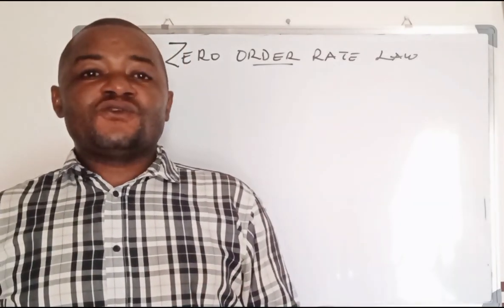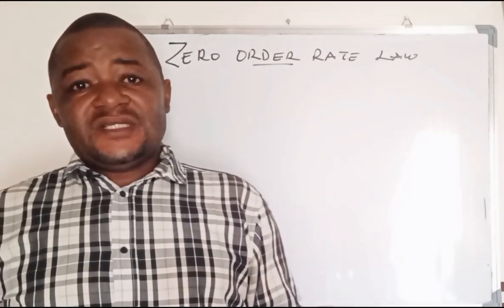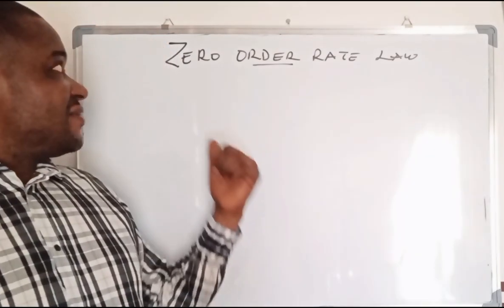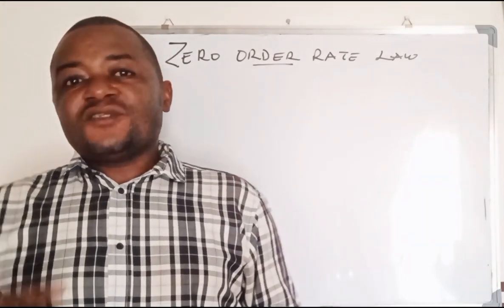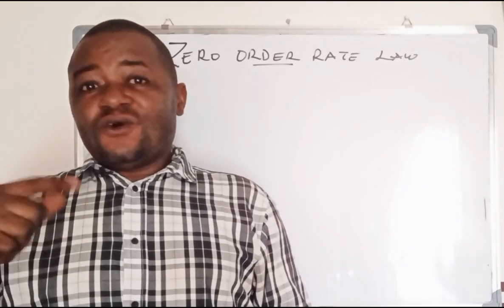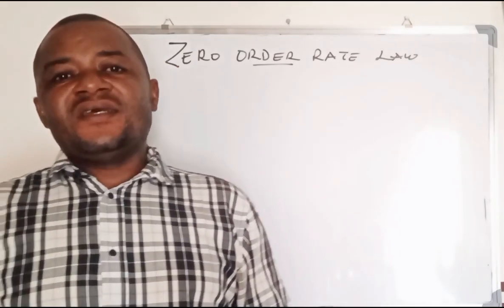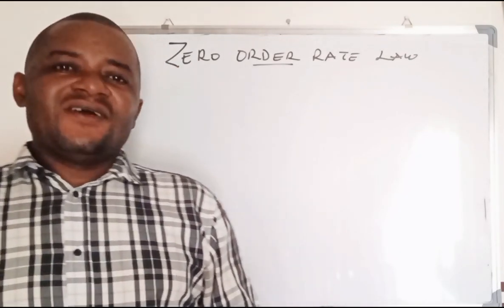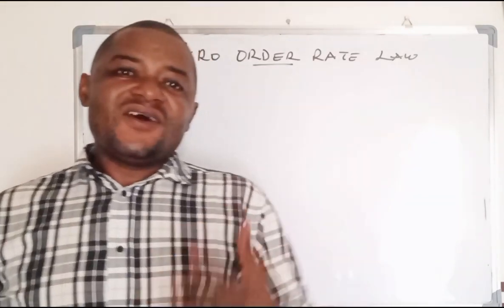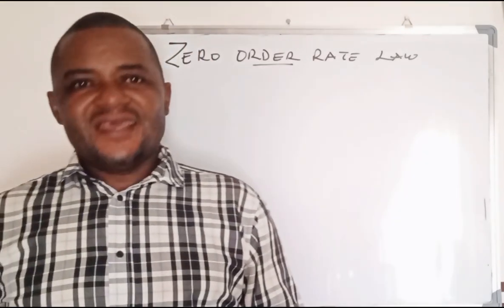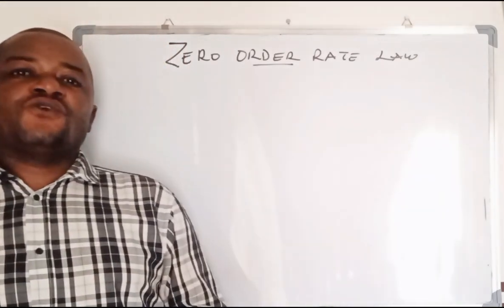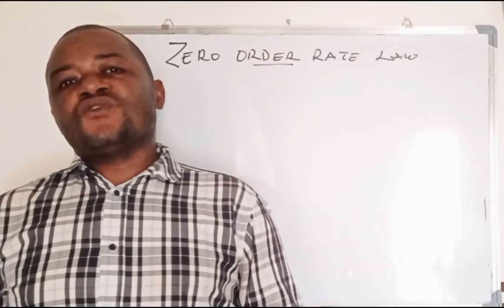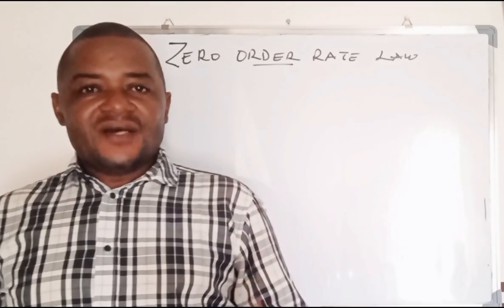Now, a zero order reaction simply is a reaction whose rate does not depend on the concentration of the reactants. That means no matter how you increase your reactants, no matter how you reduce your reactants, it will not affect the rate of the reaction.